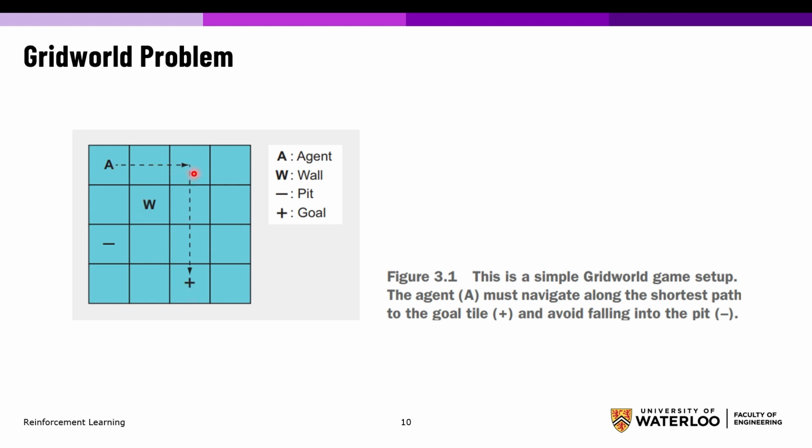Any move here produces a reward of -1. The action that leads us to the pit gives the agent a reward of -10, and the move that leads us to the goal produces a reward of +10. You want to train the agent, the DQN network, so that the agent can find its own way to the goal.